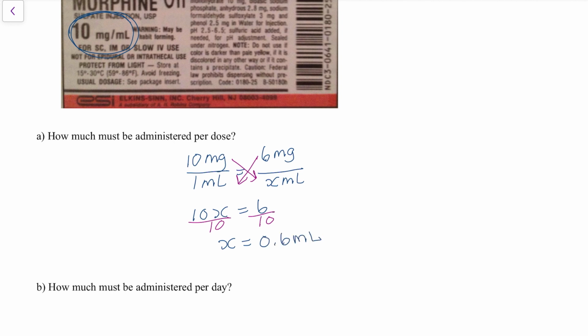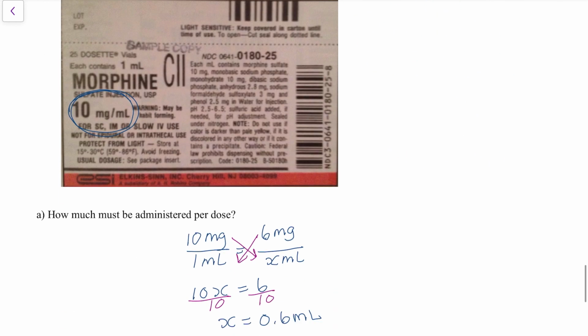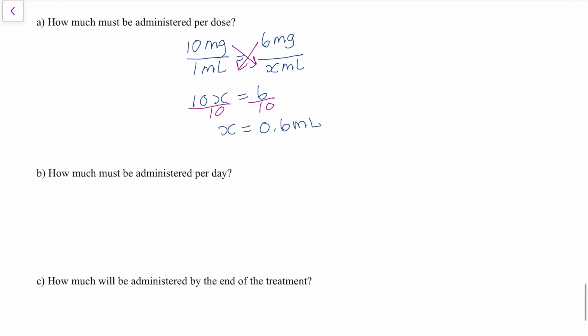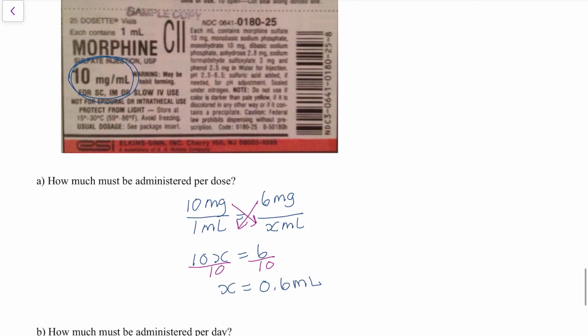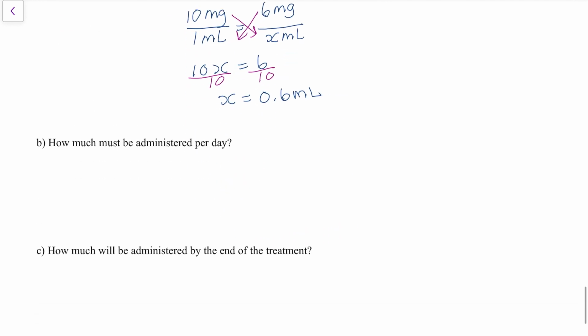Okay, we're not rounding this to 1 milliliter because it's a milliliter, and we can get that in an IV. Unlike up here with tablets, I can't get 0.54 of a tablet, I can get half a tablet. Okay, so to see how many is administered per day, I'm looking at the rest of the order there, and it says every 4 hours. So in a 24-hour period, if it's done every 4 hours, they will get 6 times a day.